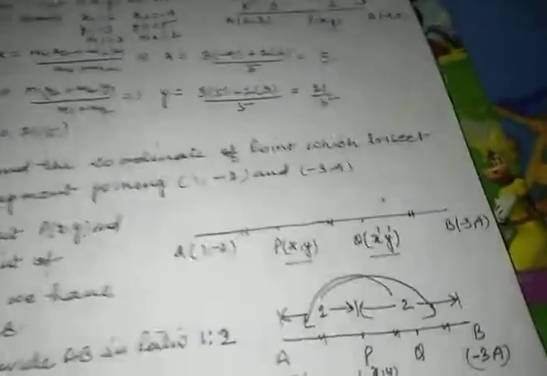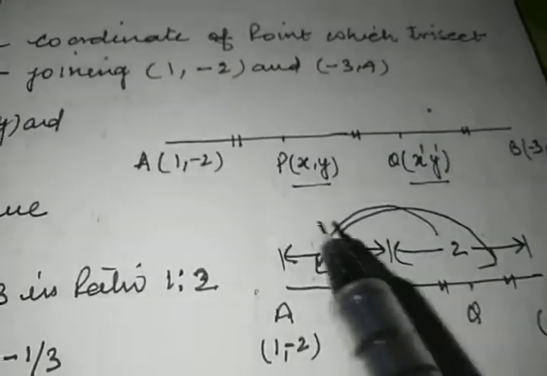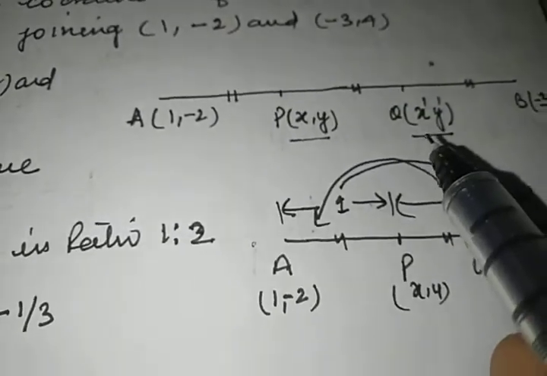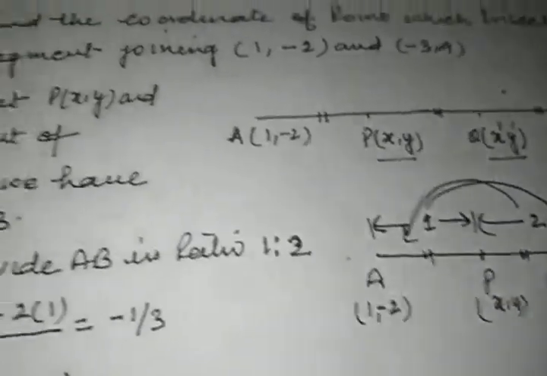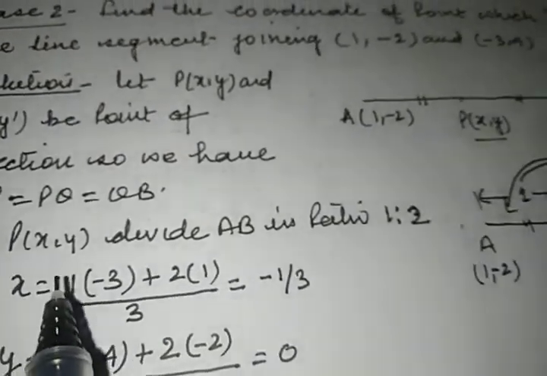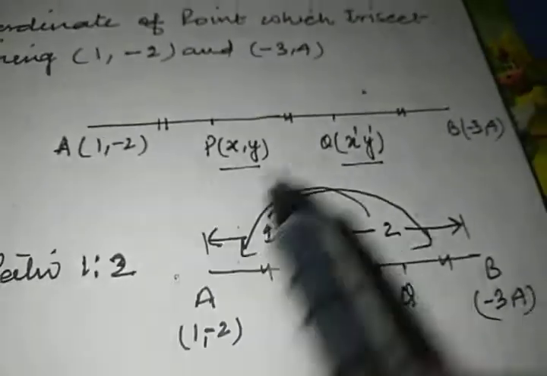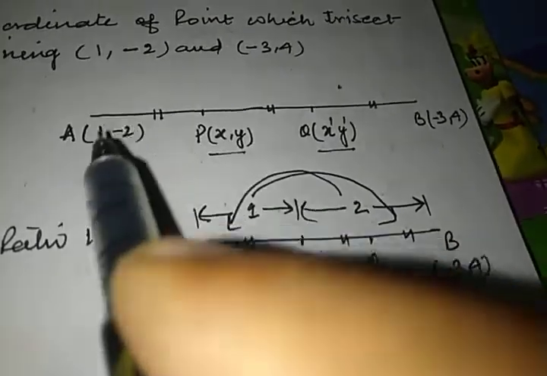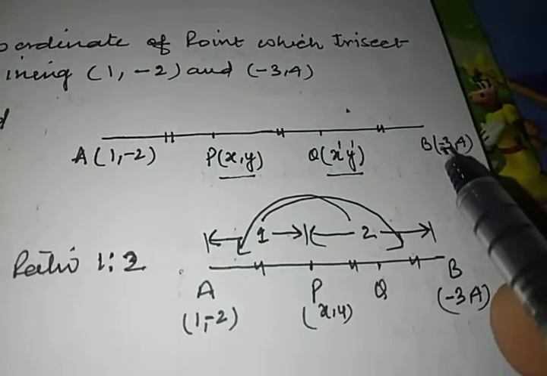Now we want to find the coordinates of P and Q. We will do this stepwise. First, P(x, y) divides AB in the ratio 1:2. How?